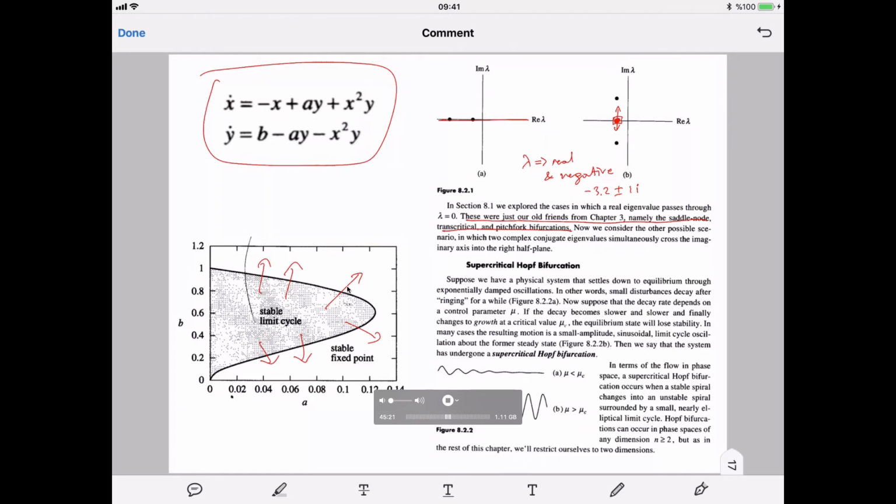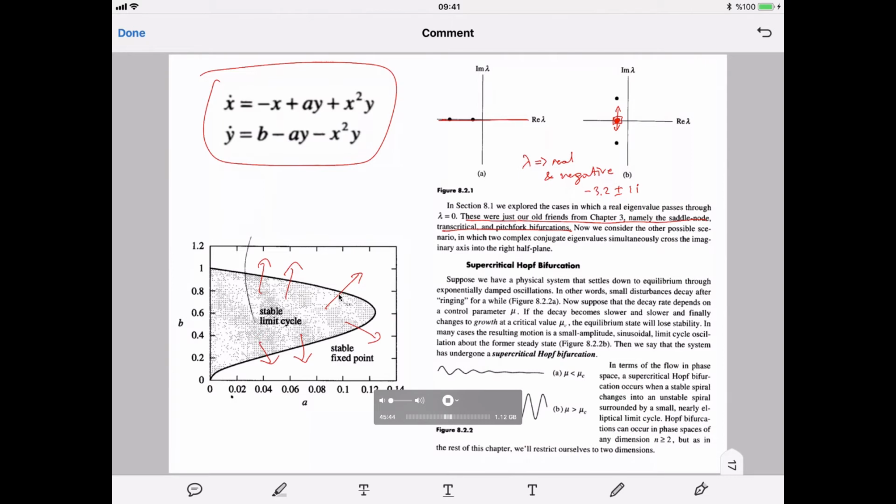What do you expect to see? Okay, let me repeat myself. Let's say B is over here and A is over here. So what do you expect to get? Limit cycle, right? Let's keep revolving.